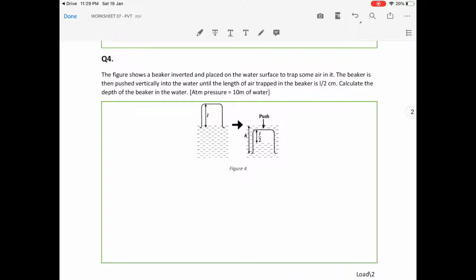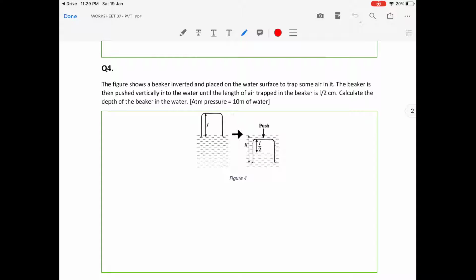Let's take a look at an example of a Boyle's law question. Question 4 here. Boyle's law states that as the pressure increases, the volume of an object decreases, and vice versa, as the pressure decreases, the volume increases, as long as they are at constant temperature.